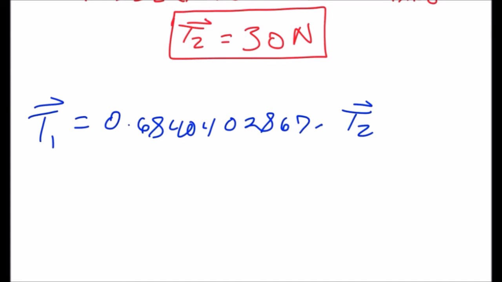We need to use the full meal deal. Very good, okay? So go ahead, multiply the full T2 number by this value right here. Remember, that was the cosine of 70 divided by the cosine of 60, or something like that. Okay? Graham? Yes, please. T1, 20 newtons.